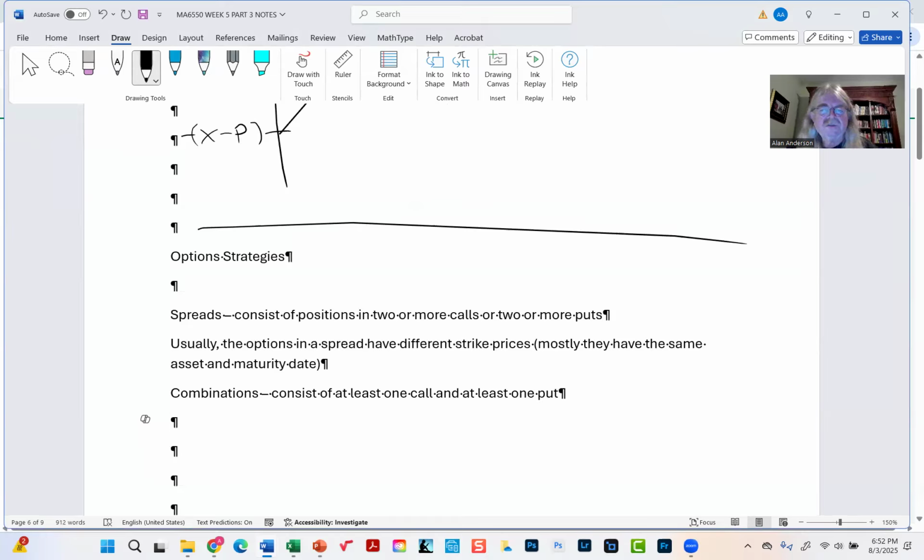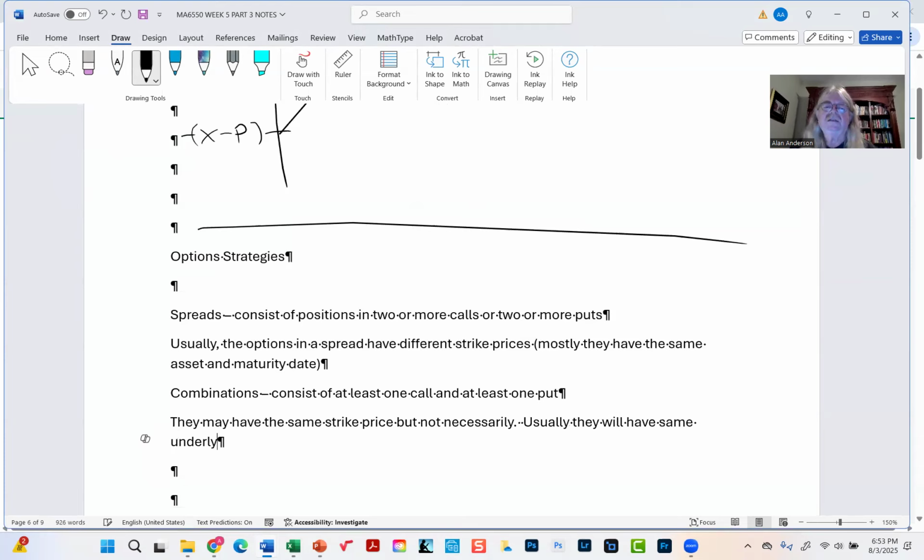Because they're different types of options, they may have the same strike price, but not necessarily. Usually they will have the same underlying asset and trading.